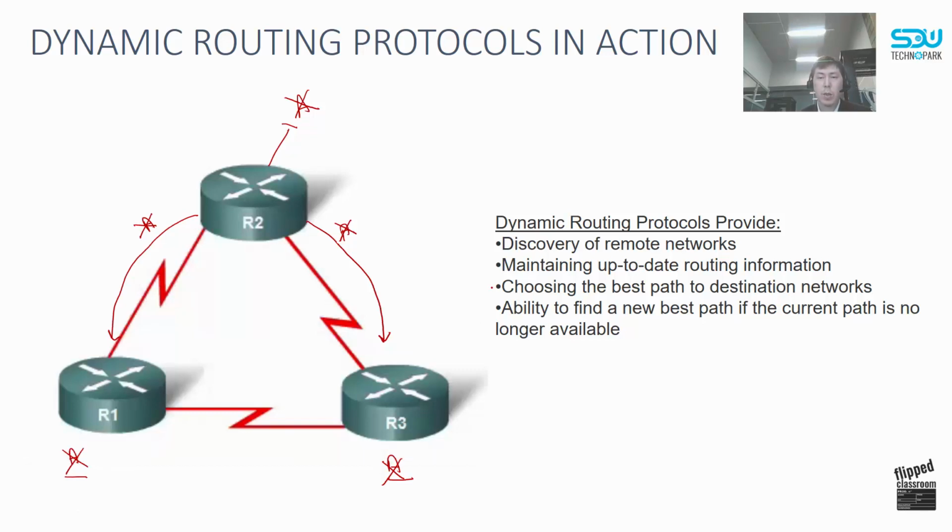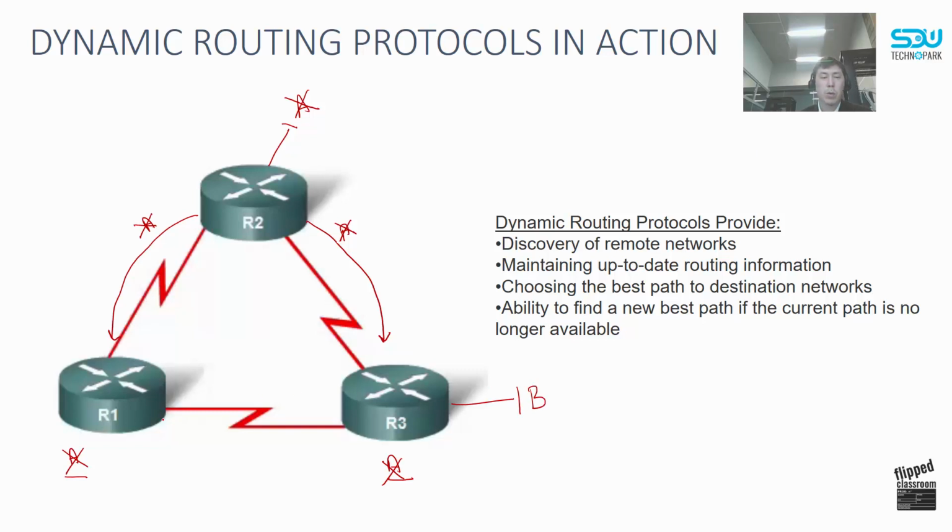Also, dynamic routing protocols are helping routers to choose the best path to destination networks. And dynamic routing protocols provide the ability to find a new best path if the current path is no longer available. For example, let's have now network B, which is connected to router 3.